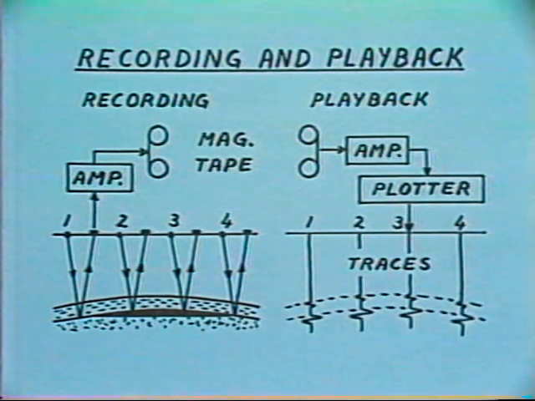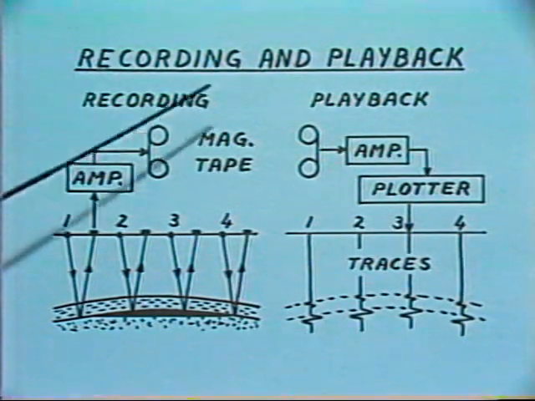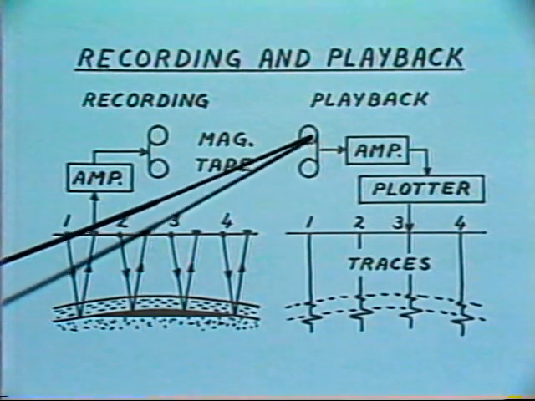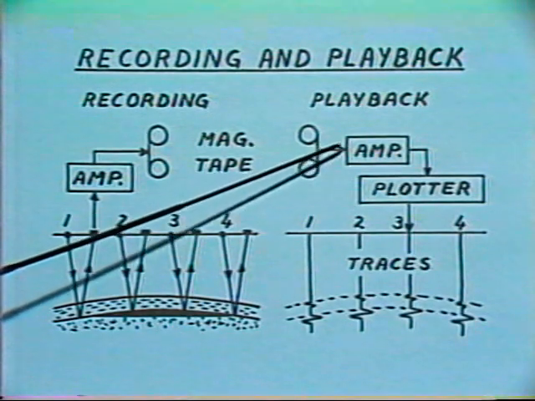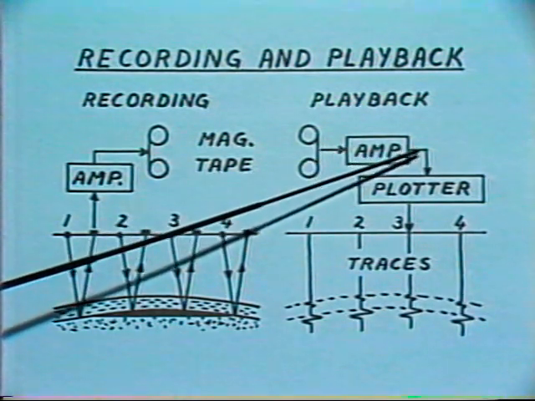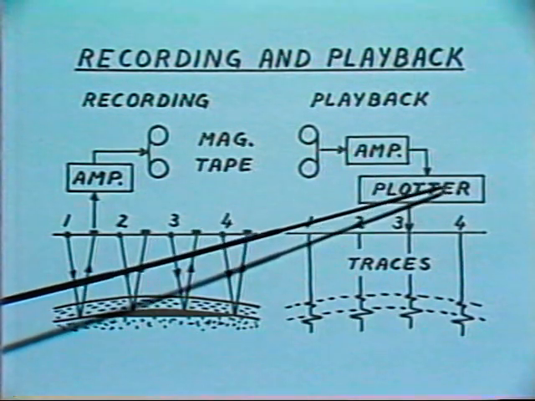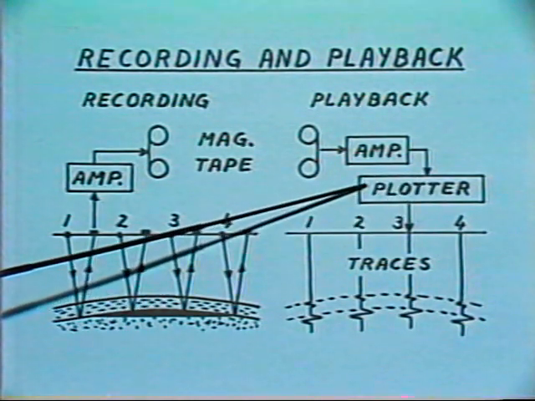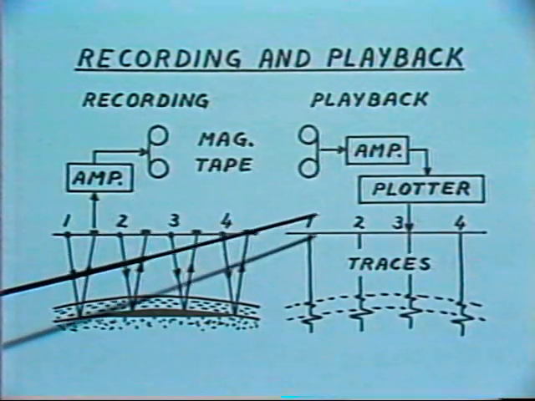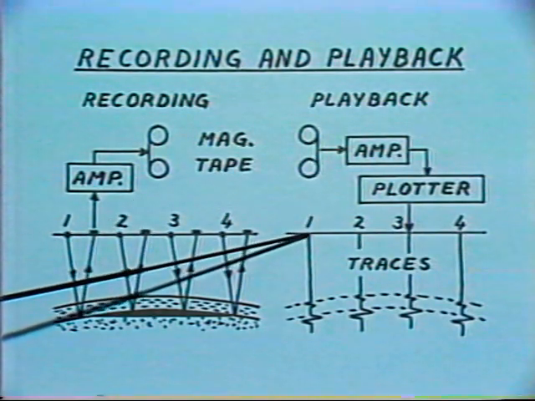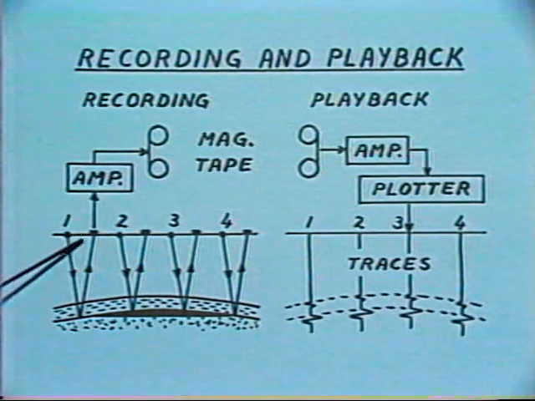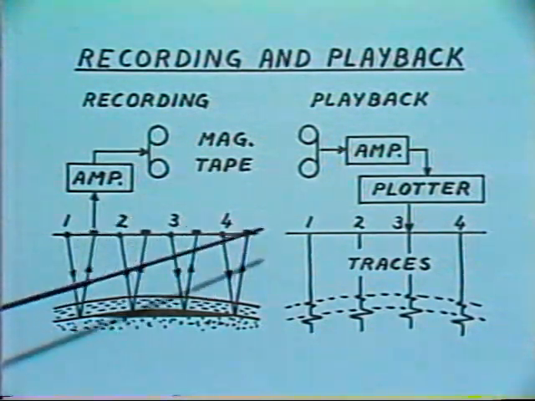The recordings have to be displayed visually by some method. This is usually called playing back the recordings, and they would be picked up from the magnetic tape, again amplified, and the signals fed into a device called a plotter, which is a kind of strip chart recording device which would play out the signals that were recorded from each of the receivers.